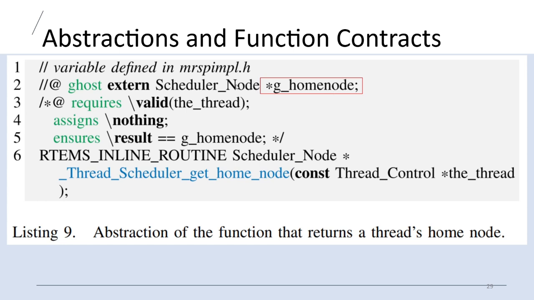This is a thread home node. The thread home node means the scheduler node for its original processor. It will be retrieved as a chain element via several nested function calls and then executed and extracted by a macro.